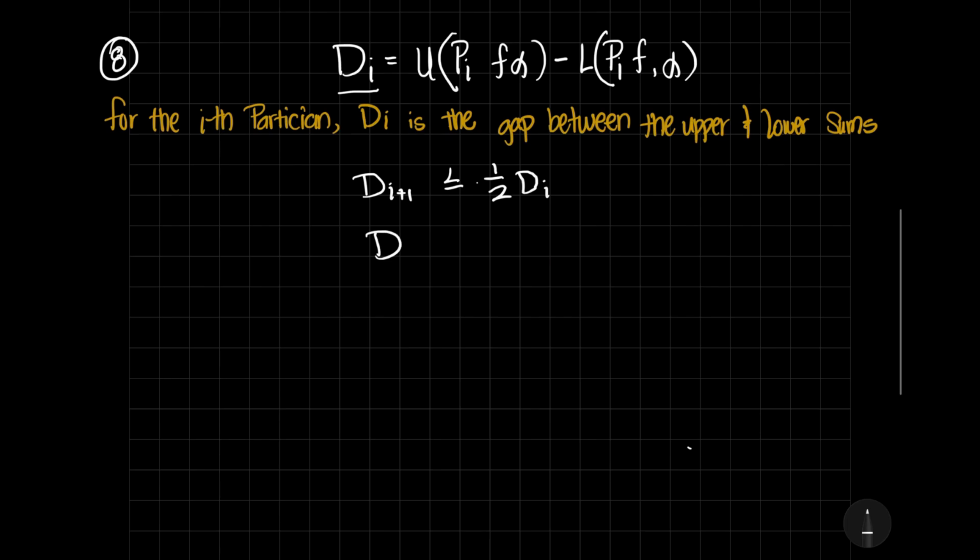Since the gap is being multiplied by 1/2, each step forms a geometric sequence, and this sequence converges to 0. So I can choose a partition far enough along the sequence so that the difference between the upper and lower sums is less than any prescribed epsilon.